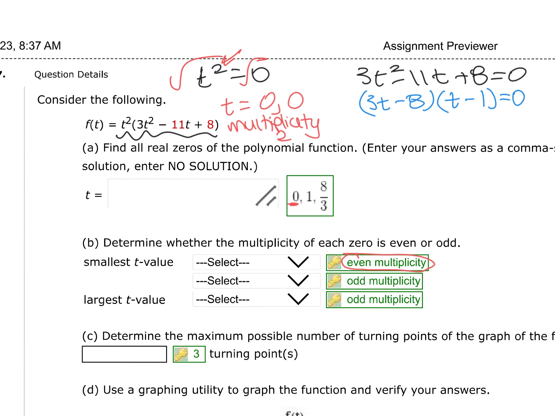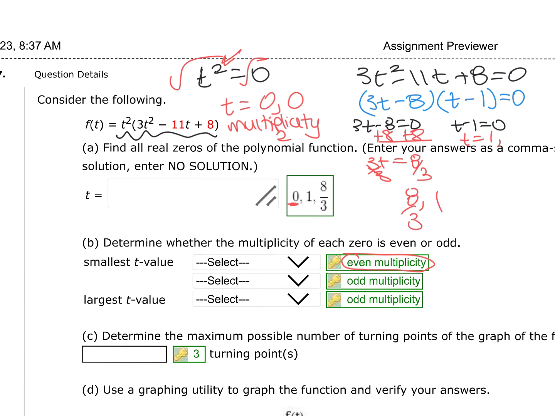And so I would set each piece equal to 0. And I would get positive 1 here. And over here, I would get positive 8 over 3, right?